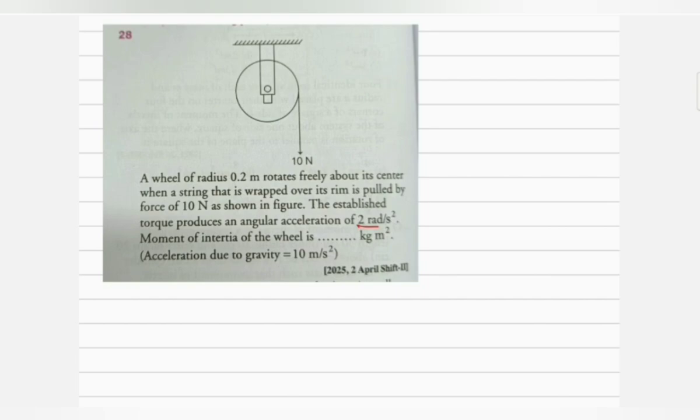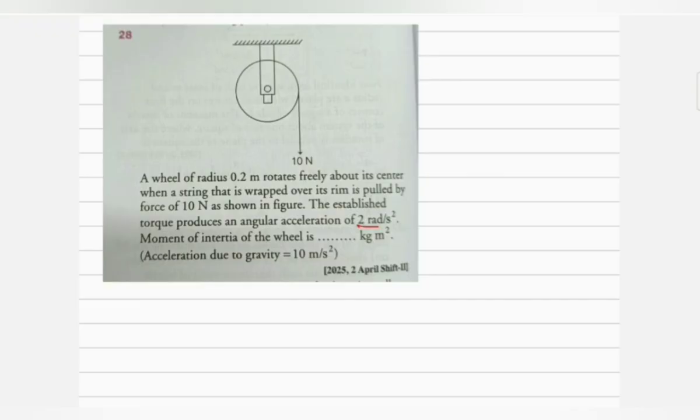The moment of inertia of the wheel is dash kg meter square. Acceleration due to gravity is equal to 10 meter per second square. This question came in shift 2, 2nd April 2025 JEE Mains examination.